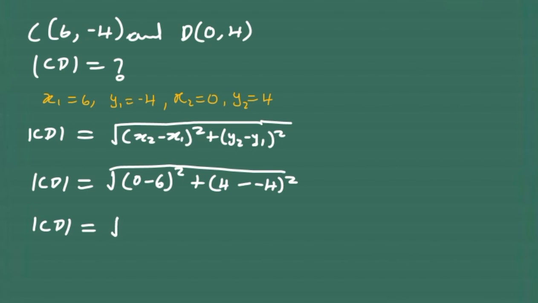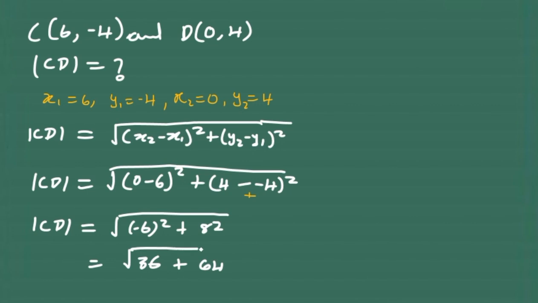So the distance CD equals 0 minus 6, which will remain minus 6 squared, plus 4 minus minus 4. Recall minus minus gives us positive, so this will be 4 plus 4, which is 8 squared. So from here we can say that this will be equal to the square root of 6 squared, which gives us 36, plus 8 squared, which gives us 64.